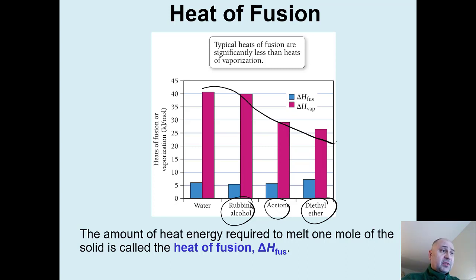The intermolecular forces are pretty high, and so the heat of fusion is going to be pretty high. And it decreases for acetone, which is less polar, and then diethyl ether, which is even less polar. But the main point here is that melting for any substance is going to be a much lower energy process.